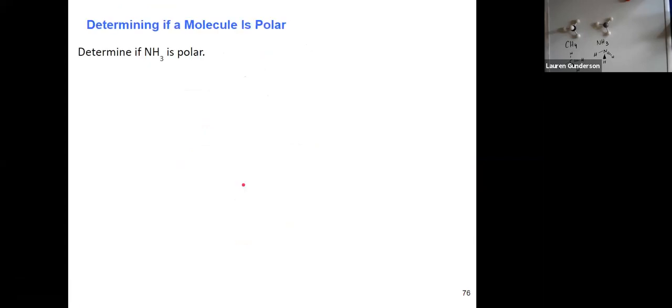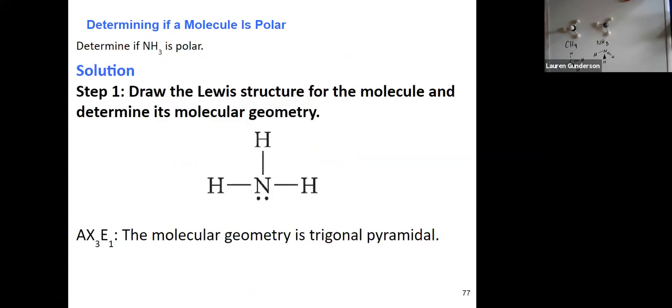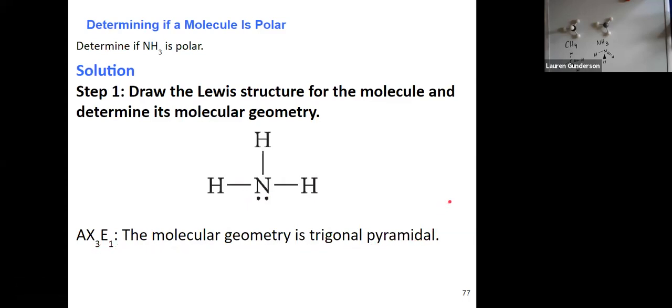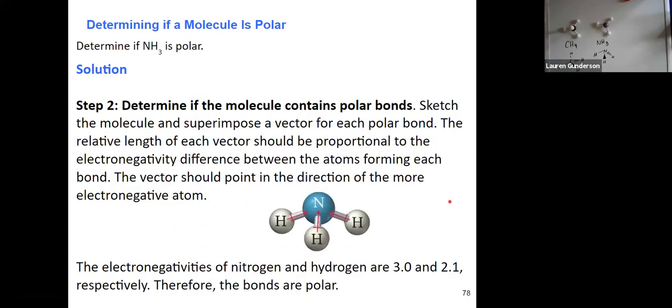Okay, so let's determine if NH3 is polar. The first thing you want to do is draw out the Lewis structure and figure out the molecular geometry of the molecule. Okay, so you draw it out. It's AX3E1. The molecular geometry is trigonal pyramidal. Trigonal pyramidal we saw on the chart from before, the vectors are not going to cancel out here.